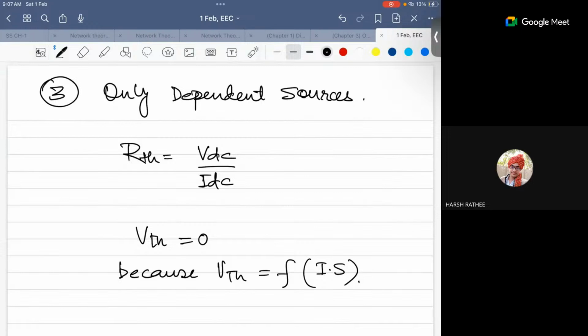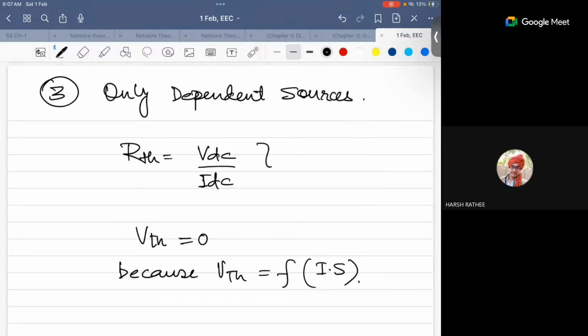If you are given a circuit where you don't have any independent source, so all are dependent sources only, then you can directly write the VTH. In the equivalent circuit that you will be making, the voltage V Thevenin will always be 0. You can get some RTH, but VTH will always be 0.